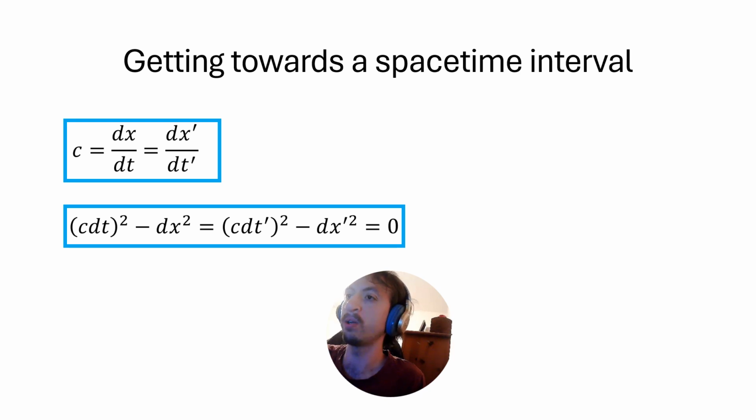So if we want to talk about the space-time interval for observers, we really want the motion of the moving observer to be perpendicular to the direction of motion of our light beam. That way we don't have to worry about length contraction effects.